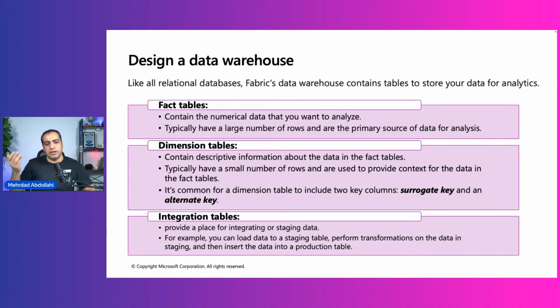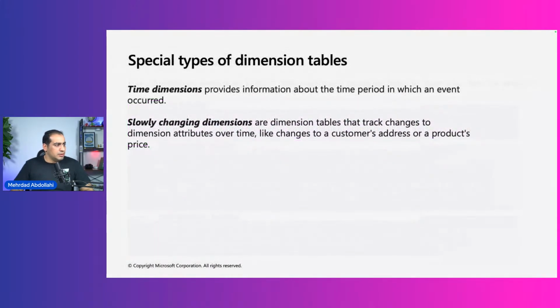Just think of a report, for example, a total sales amount per region, per customer, per year, whatever we call "per" is going to be your dimension. And some tables are for integration purposes, when you are transforming and preparing your data.